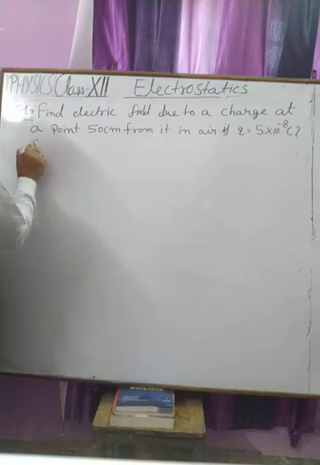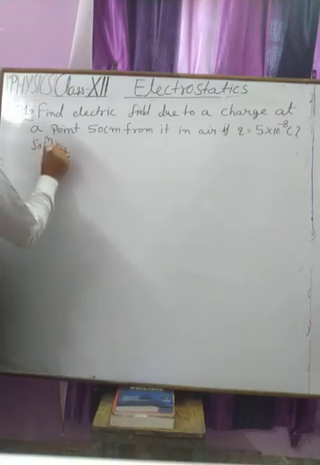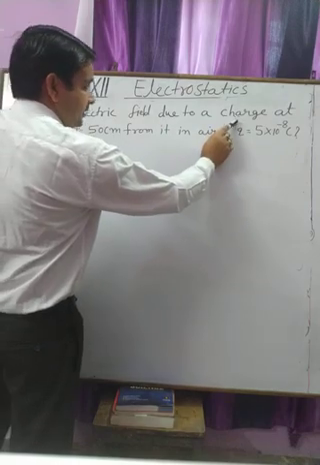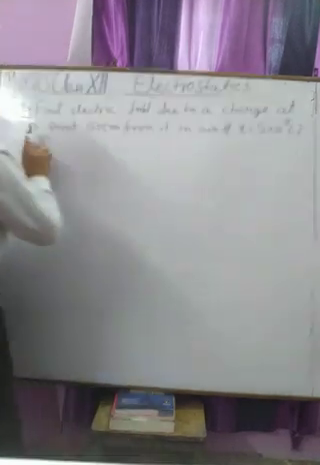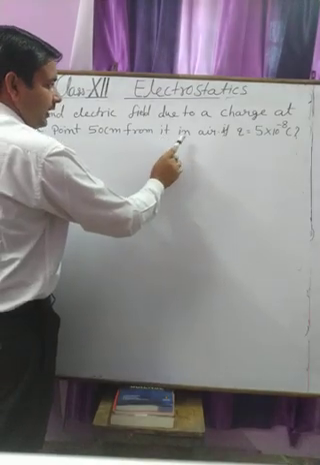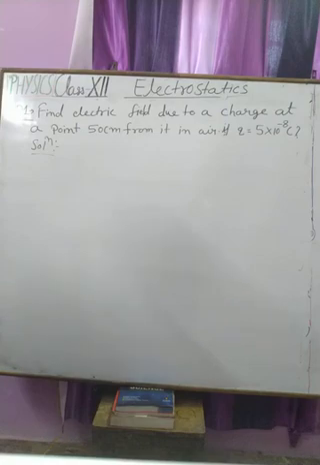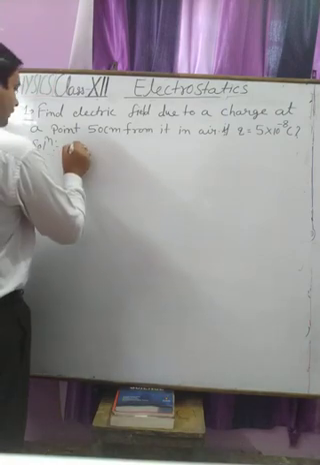In this problem we have to find the electric field due to a charge at a point 50 centimeter from it in air, if charge q is equal to this. Okay, so we have the same formula.